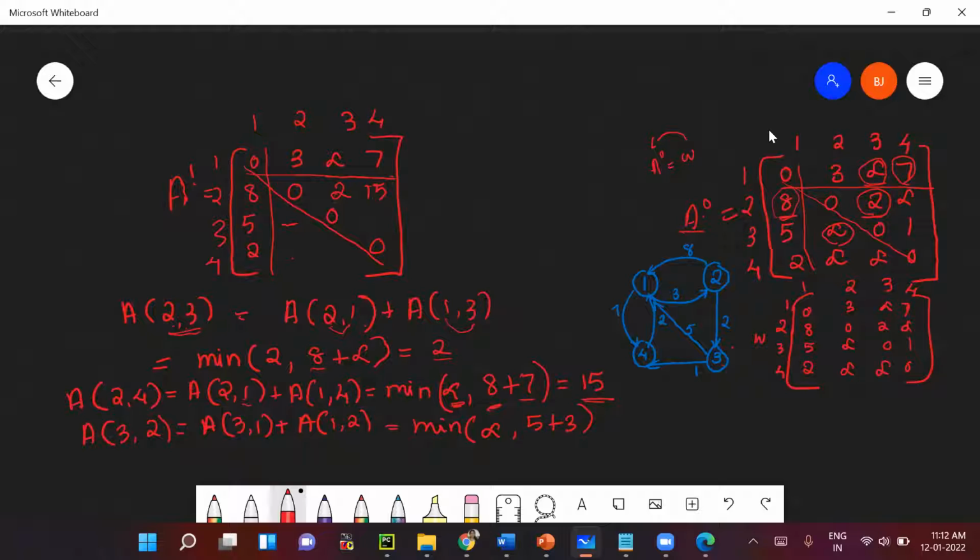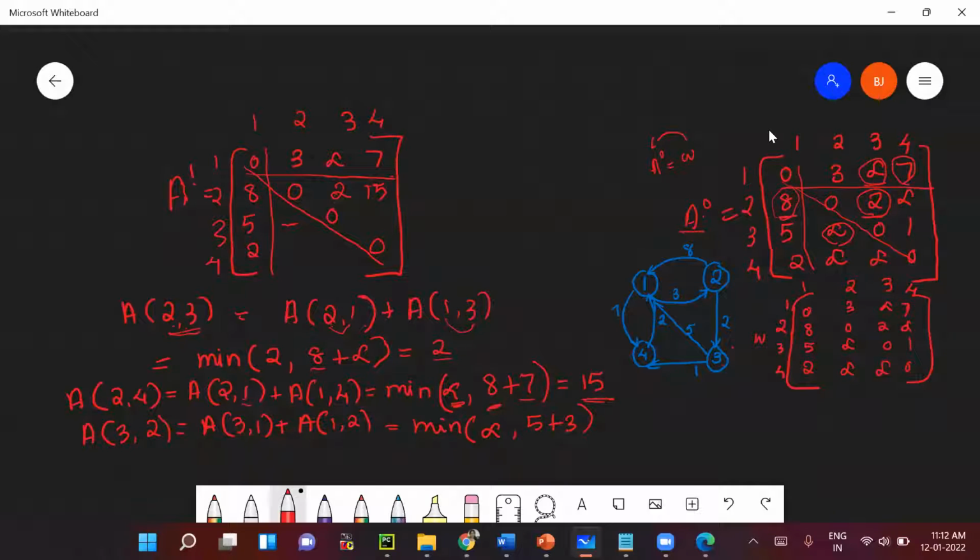We are writing means we are writing the path using intermediate vertex 1. It's not like any vertex. In this step, we are considering only vertex 1 as intermediate vertex. Suppose there is no path using intermediate vertex 1, you should be writing it as infinity. Got it?